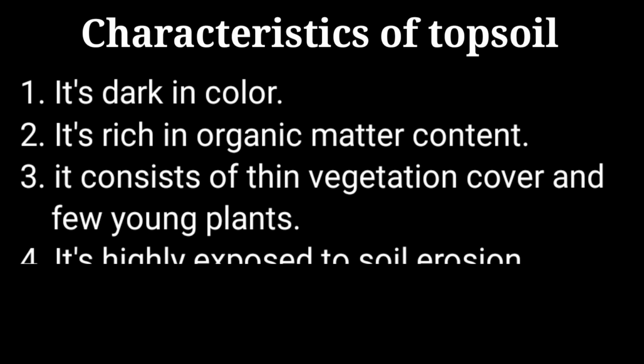Number 2, it's rich in organic matter content. Number 3, it consists of thin vegetation cover and few young plants. And number 4, it's highly exposed to soil erosion. So these are some characteristics of topsoil.